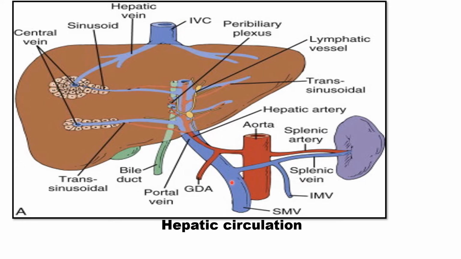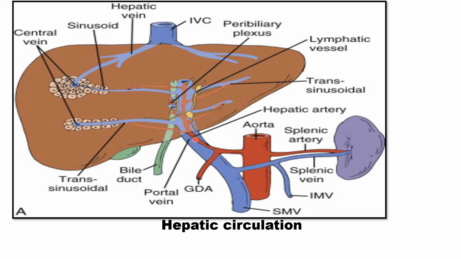It is formed by the SMV, the superior mesenteric vein, and this thin blue vein coming from the spleen is the splenic vein. When the splenic vein combines with the superior mesenteric vein, it forms the portal vein. About 75% of the blood is supplied by this portal vein.